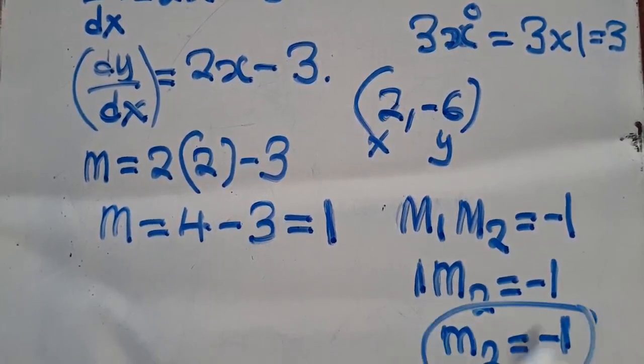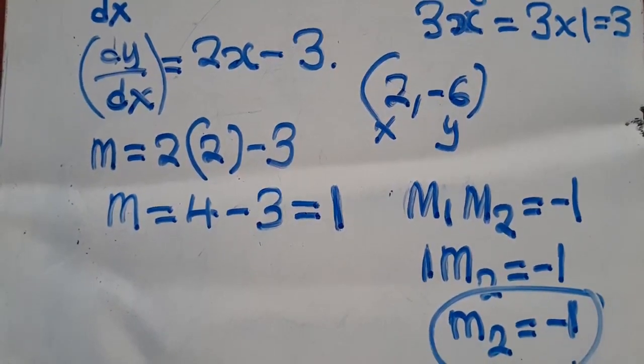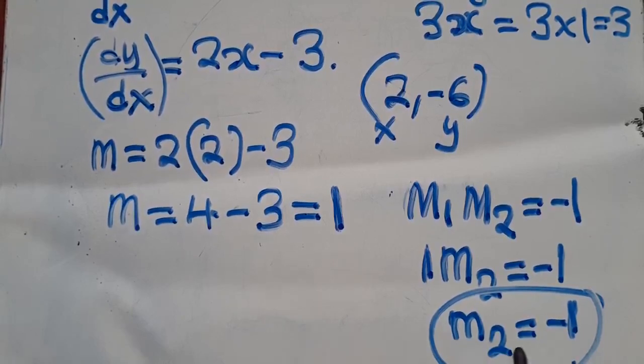So this is the gradient that we are going to use. Whenever you are told to find the equation of the normal, you need to find this gradient too, because the normal and the tangent are perpendicular to each other. Meaning if you multiply the gradients of the normal and the tangent, it must give you -1.